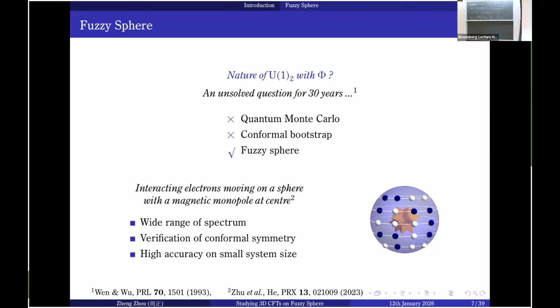It has first been applied to the 3D-Ising CFT, where people are able to obtain a wide range of the spectrum at very high accuracy, even on very small system sizes. And people have obtained the first numerical verification of the conformal symmetry of the 3D-Ising transition.